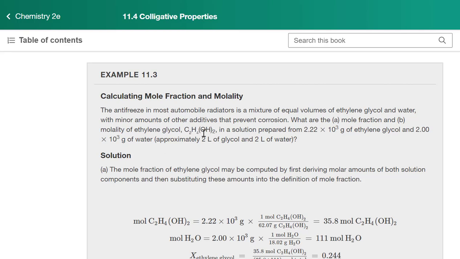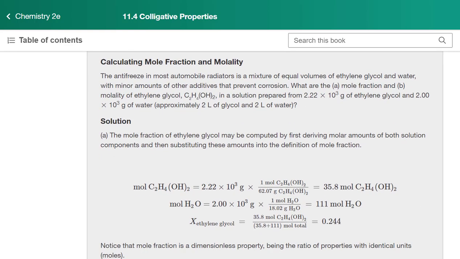You're given the formula here of ethylene glycol. I would not expect you to know that, right? I would have to give you that formula if you had a question like this. Water, you should know the formula for water by now, and so you'll need to do that calculation.